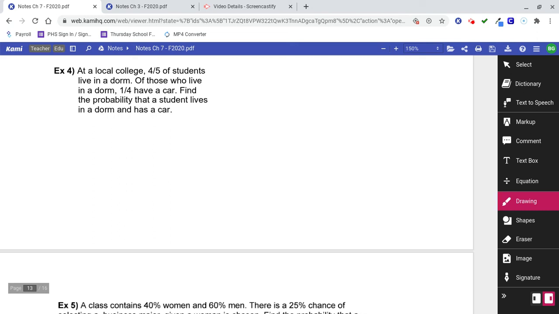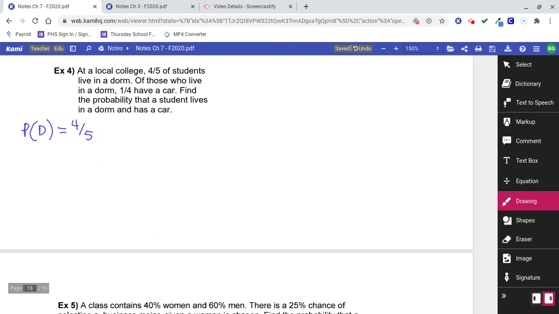So I go back through and I say 4/5 of the students live in a dorm. So I'm going to say probability of D for dorm is 4/5. Of those who live in a dorm, 1/4 have a car. All right. Now that's not the same thing as probability to have a car. It's probability of having a car given that we have this extra information that they live in a dorm.